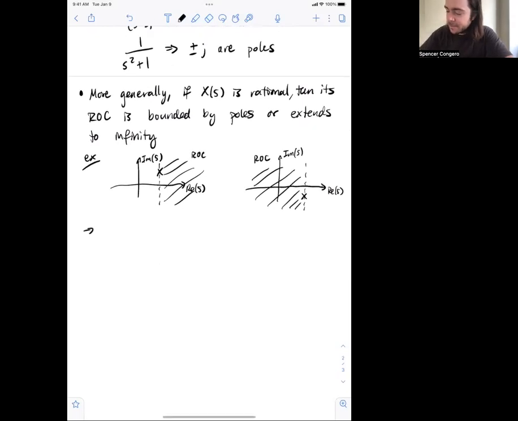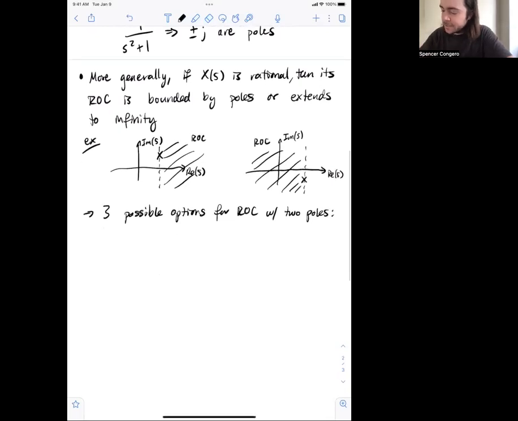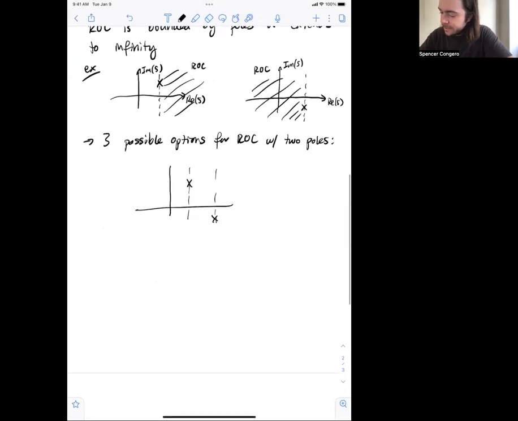And also using these properties, we can ask what happens if there are two poles. It turns out there are three possible options for the ROC with two poles, and pretty much this property is telling us what they are. I'll just draw the examples. Okay, let's say my poles are there and there. I can draw my dotted line. That'll be the first case.